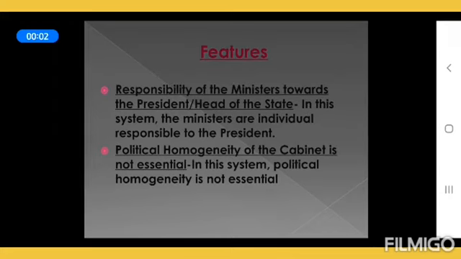Now the next feature is here: political homogeneity of the cabinet is not essential. So in this presidential system, political homogeneity is not essential. The president has the right to appoint any persons to head any government departments.